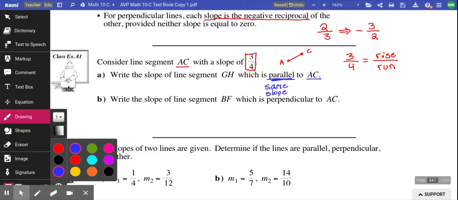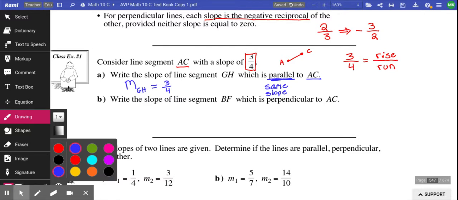So if we wanted to have the same slope, remember we represent the slope with the letter M, so the slope of GH would have to equal the exact same as the slope of AC, which is 3 over 4. Now, you don't have to write 3 over 4, so there's other ways you could do it.